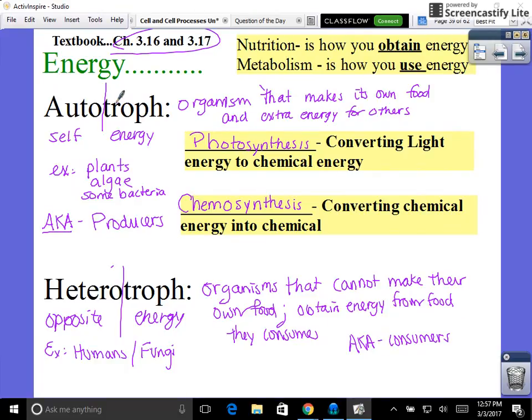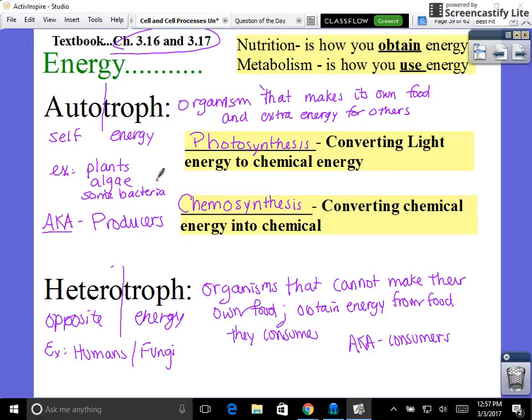So an autotroph is going to obtain its energy from the sun and convert it into its own food that it makes. There's also extra energy available for others that may eat that autotroph. So the auto prefix means self, and troph means energy.